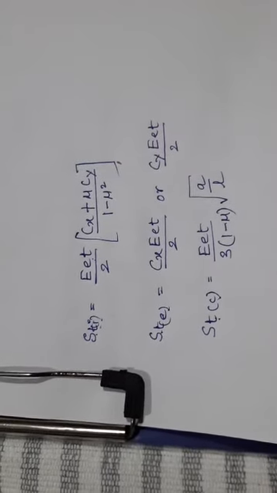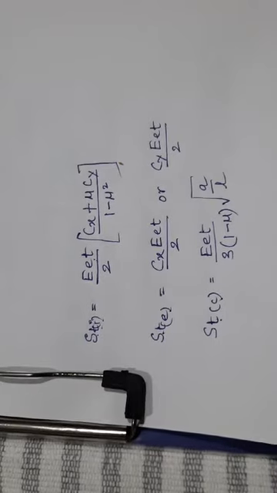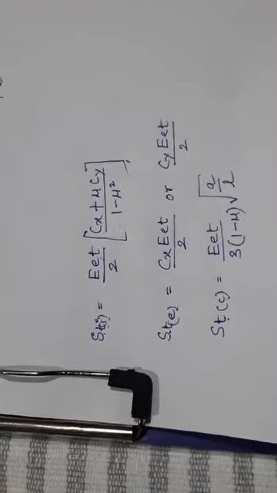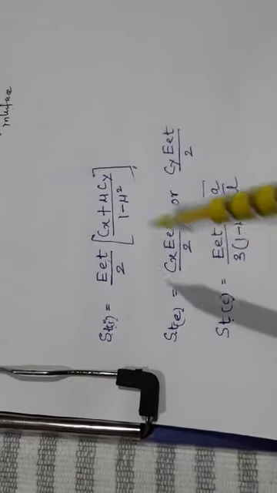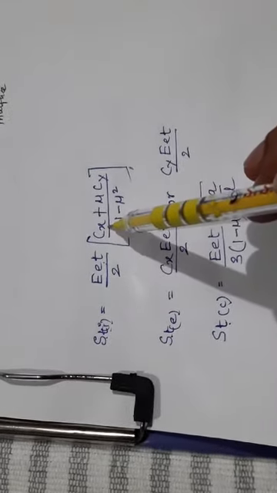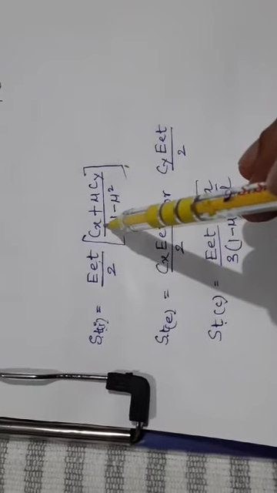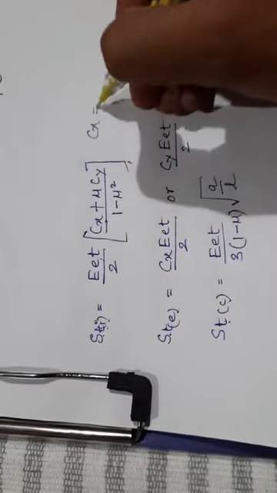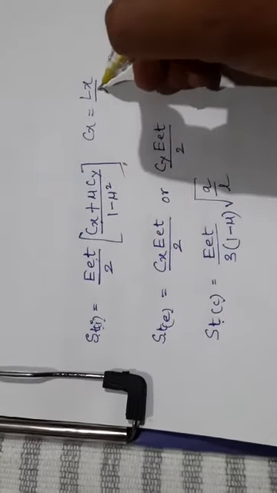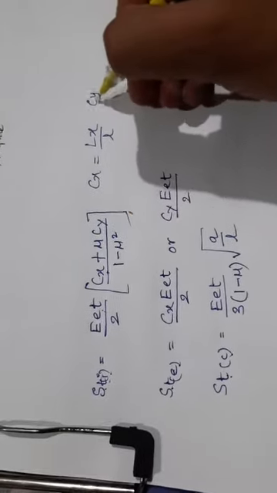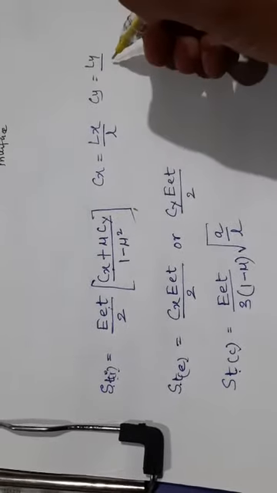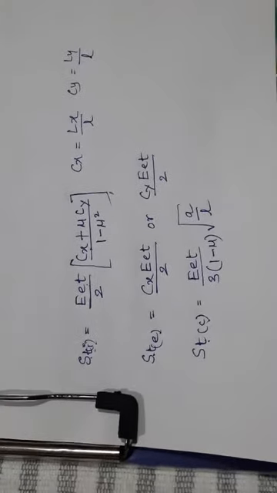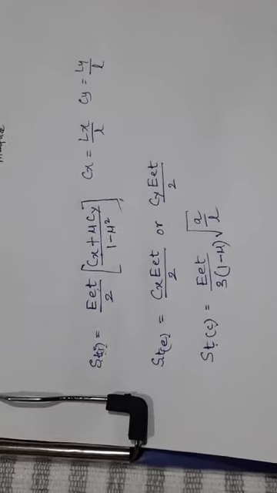And here Lx and Ly are the length and width of the slab along the x and y directions. So Cx is the coefficient in the direction x, which depends upon the ratio Lx by l, and Cy, the coefficient in direction y, depends upon the ratio Ly by l.